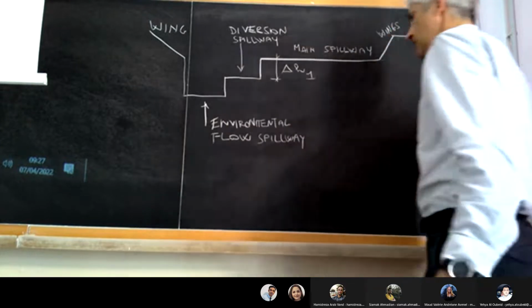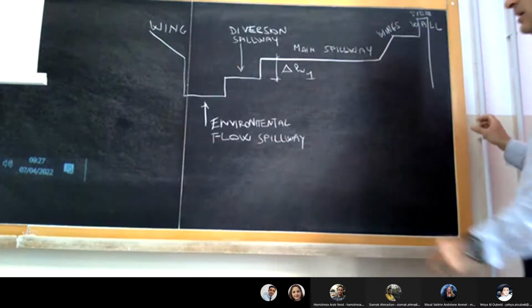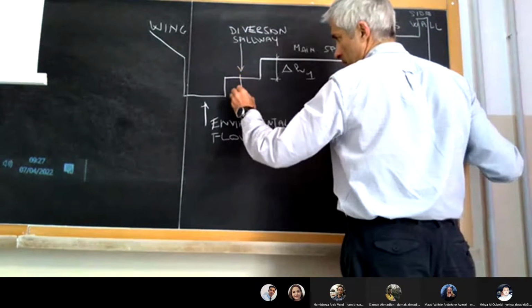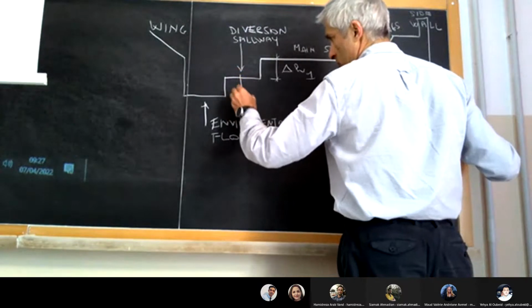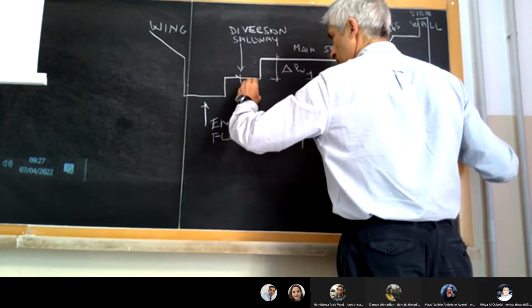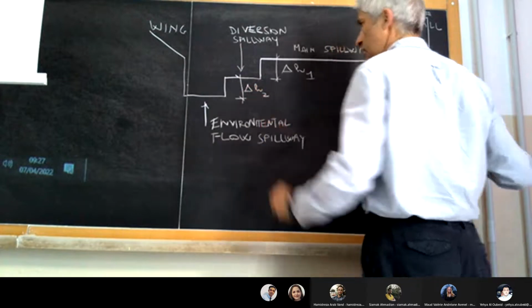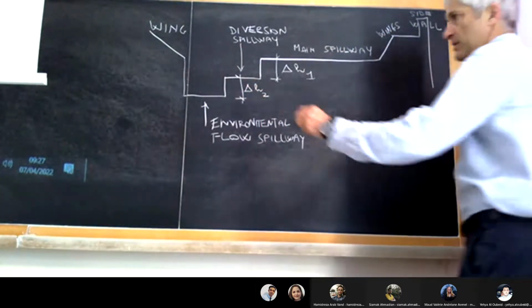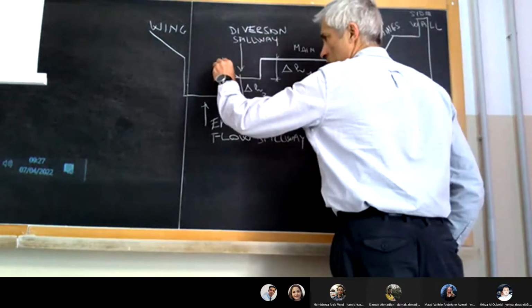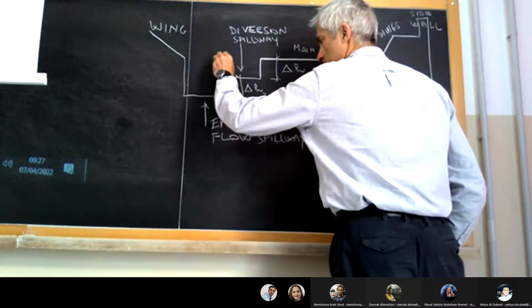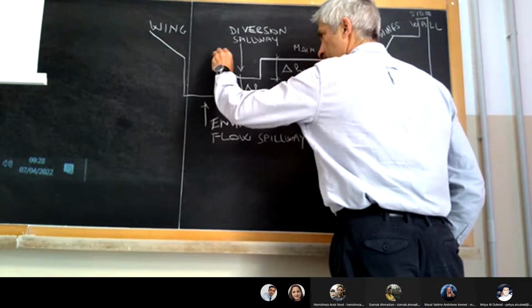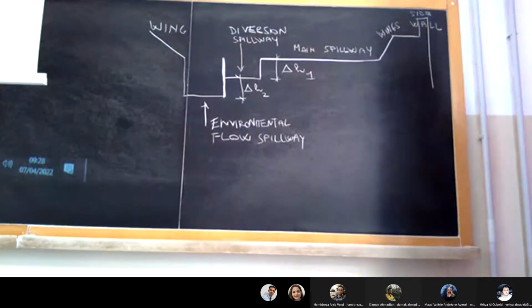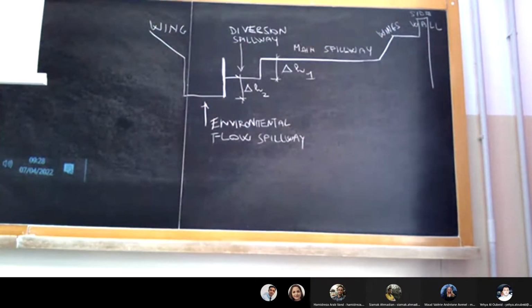Okay, and let me call with the symbol delta H2 the difference in elevation between the diversion spillway and the environmental flow spillway. Let me also put a separation here, just to keep them separated.